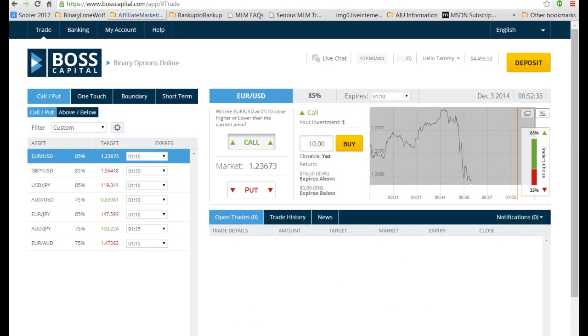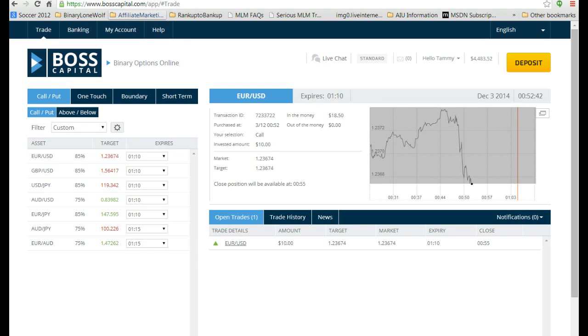Now, if I do this trade for Euro USD and I do a call, I would click on buy, and there you go. Actually, I'm going to do a second one and I'll show you what I'm talking about.